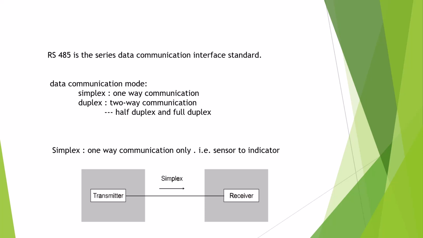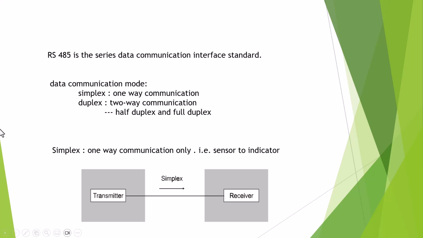There are two data communication models, simplex and duplex. Duplex includes half duplex and full duplex. Simplex is just one-way communication only.